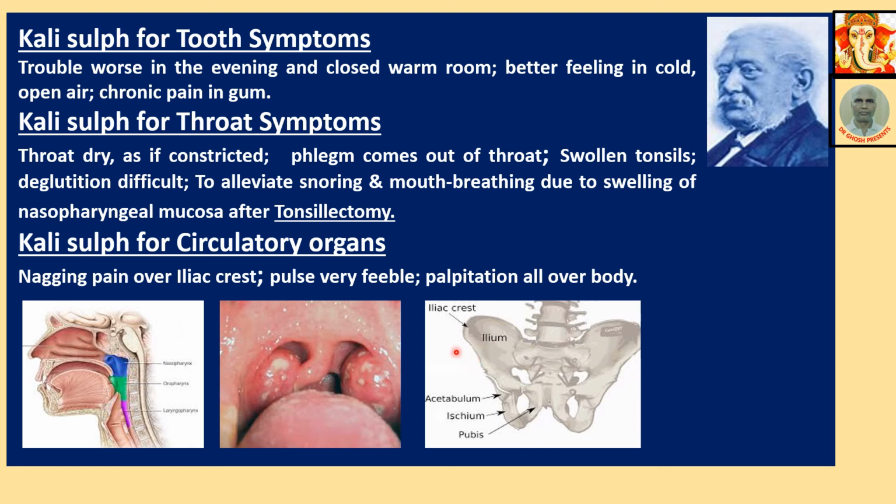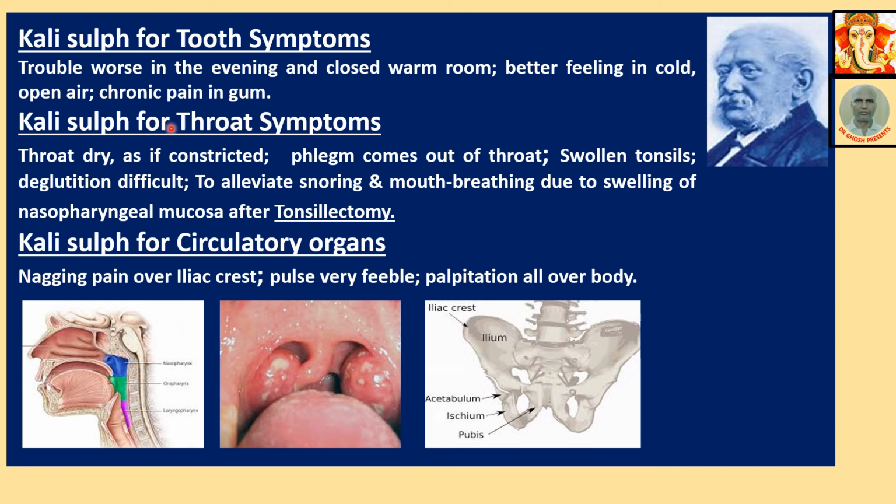This is called the femur, where the femur joins the pelvis, that joint, the femur joint. The same thing appears here. Here is a very nagging pain on the joints.